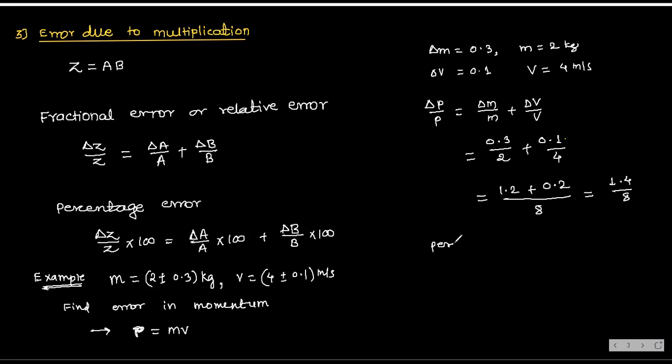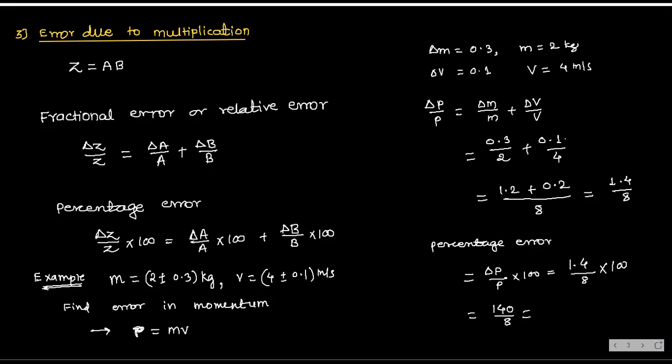And now I want percentage error. So if I will do like this, percentage error is equal to what? Just delta p by p into 100, right? That is equal to 1.4 by 8 into 100, which is equal to 140 divided by 8. How much is it coming?